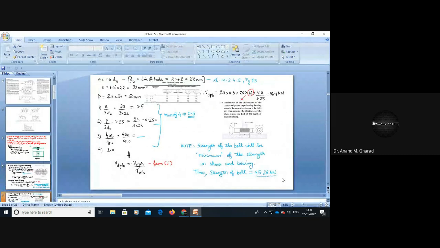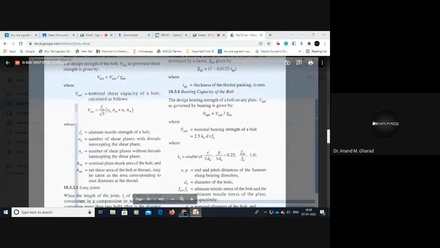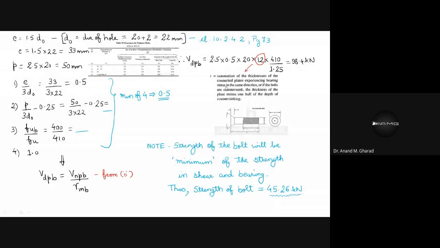Okay. Now the major part is the calculation of t. Look here, small t is written, and as per the definition of small t, it is the summation of the thickness of the connected plates experiencing bearing stress in the same direction, or if the bolts are countersunk, the thickness of the plate minus 1/2 of the depth of countersinking. Countersunk means the bolts which we have seen earlier, the shape and all.